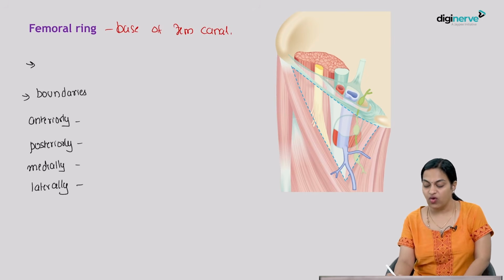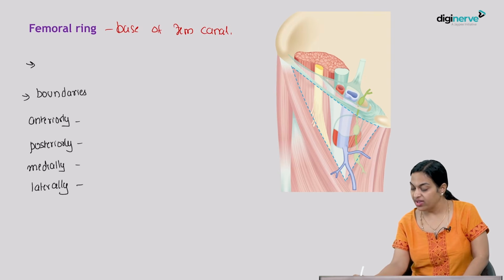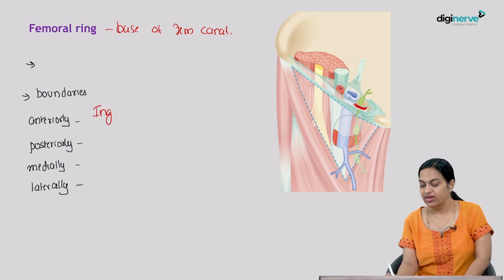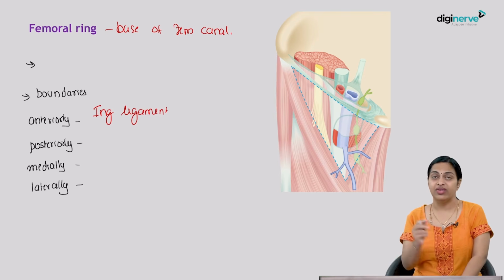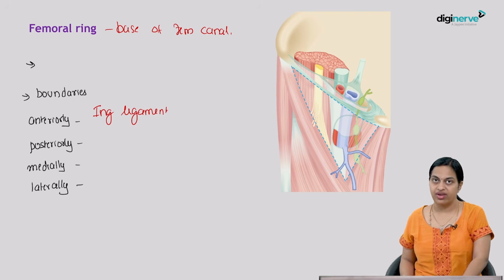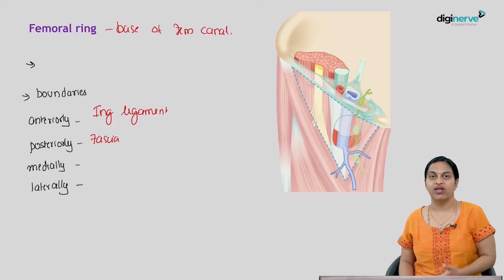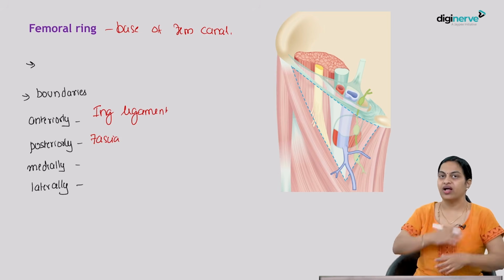And the boundaries of it are very important. It is bounded anteriorly by the inguinal ligament. Okay, the inguinal ligament forms the anterior boundary of this femoral ring. And posteriorly, yes, in the femoral triangle, what are the muscles from lateral to medial? Iliacus, psoas, pectineus, and adductor longus.